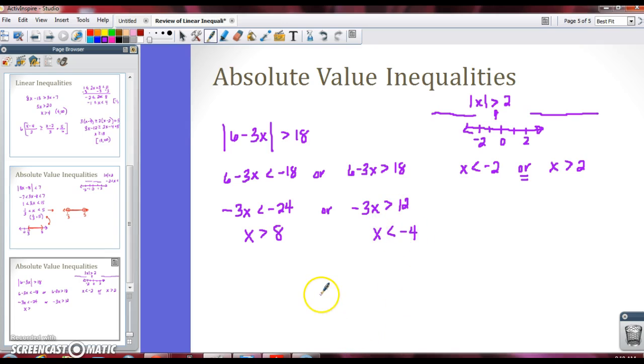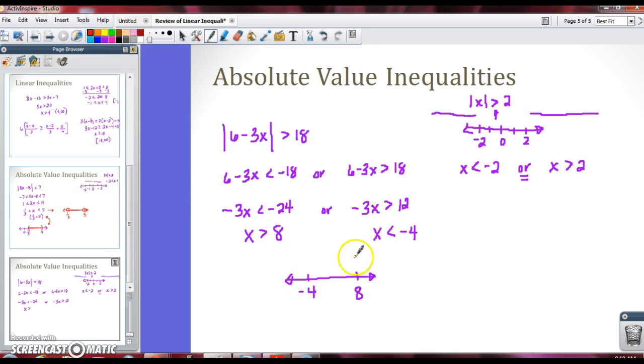So what I'm actually saying, if I look at my number line, here's -4, here's +8. I'm greater than 8, and I'm less than -4.